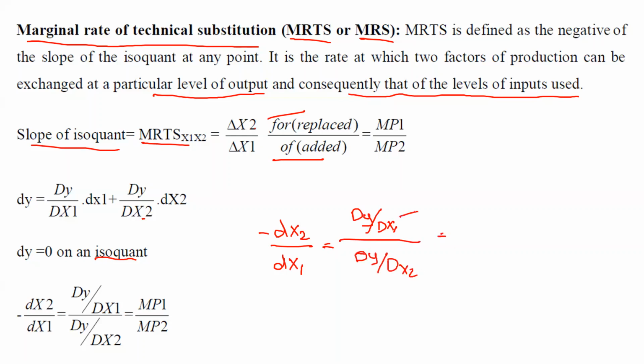That is nothing but the marginal product of x1 in the numerator and the marginal product of x2 in the denominator. So we can say that the slope of the isoquant, that is the marginal rate of technical substitution, is equal to the ratio of marginal physical products of x1 and x2. So this is the marginal rate of technical substitution.